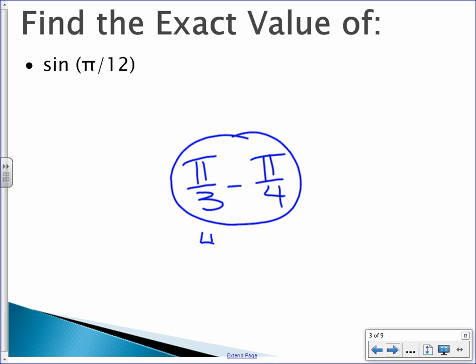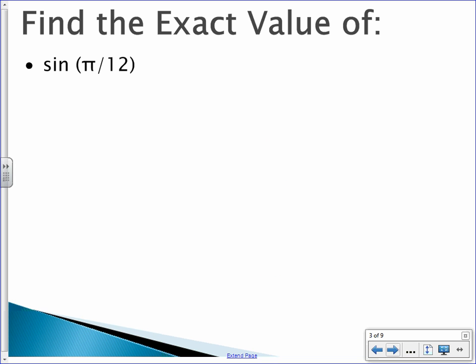This would be 4 pi over 12 minus 3 pi over 12, and that would get us pi over 12. Do you agree? Okay, so the sine of pi over 12 would be the same as the sine of pi over 3 minus pi over 4.